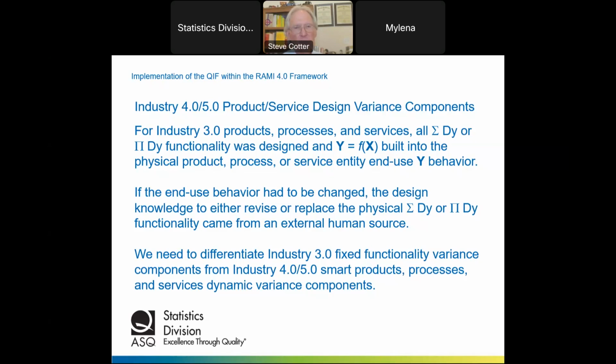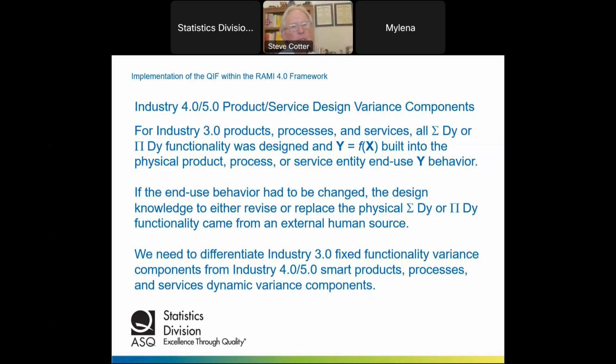If the end-use behavior had to be changed, the design knowledge to either revise or replace the physical dy design functionality came from external human sources, i.e., we redesigned it and then reintegrated it. So it was kind of a stop, redesign, come back and integrate it into the existing design.